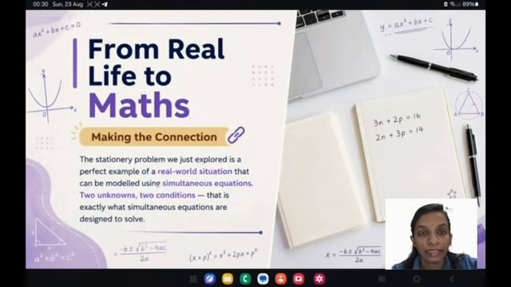Before we start calculating, let's understand what we are trying to achieve today. When we meet a real life mathematical problem, we should not immediately start writing numbers and performing calculations. A good problem solver first asks: what do I know? What don't I know? And how can I represent what I don't know mathematically? So today we follow this thinking process.